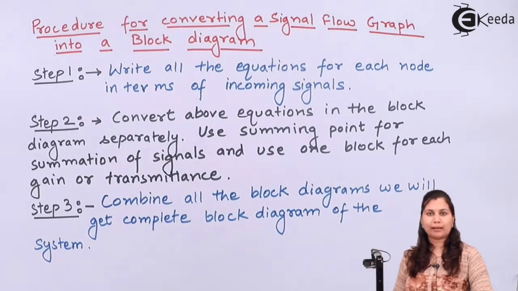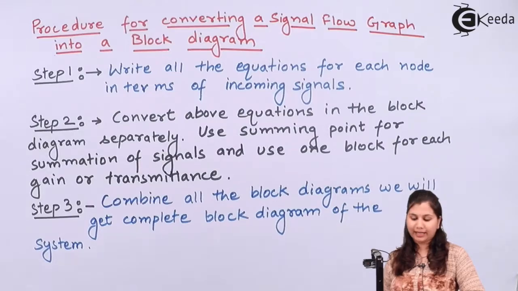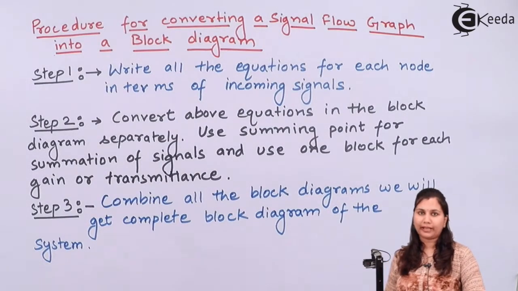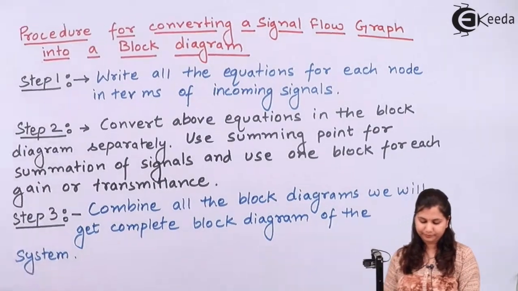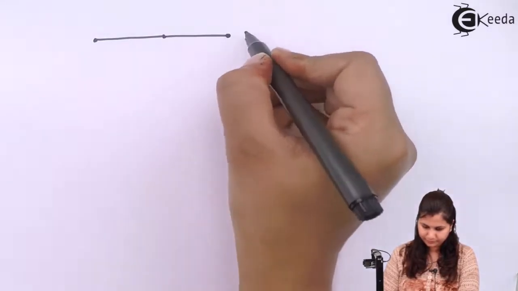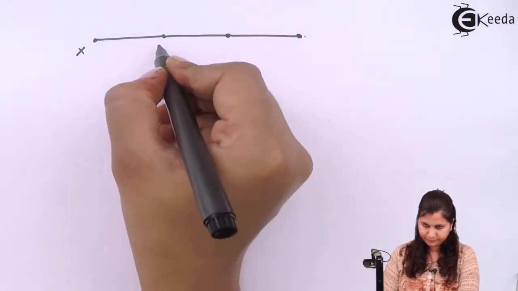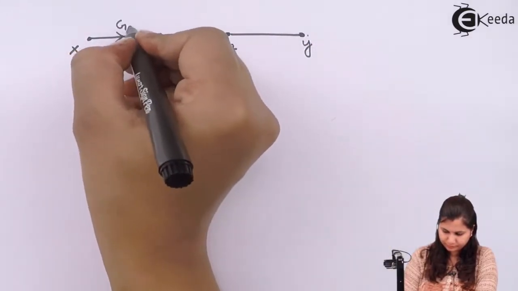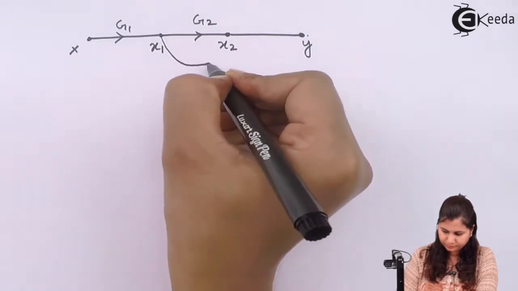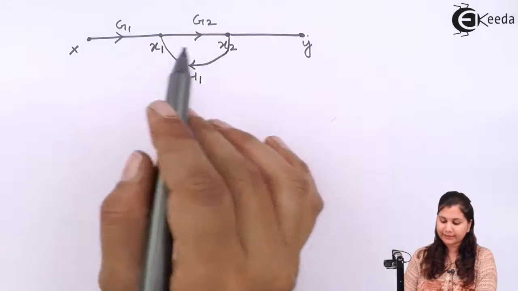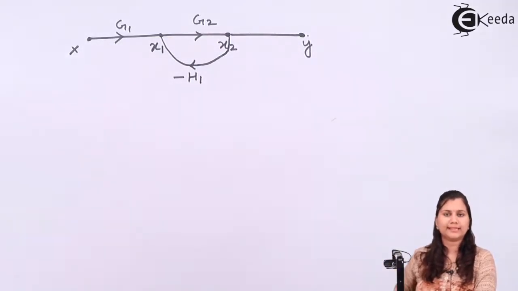Now let's take an example so that you can clearly understand how we can convert a signal flow graph into a block diagram. So this is the signal flow graph, and we have to convert this signal flow graph into the block diagram.